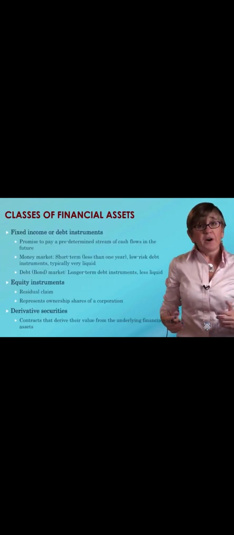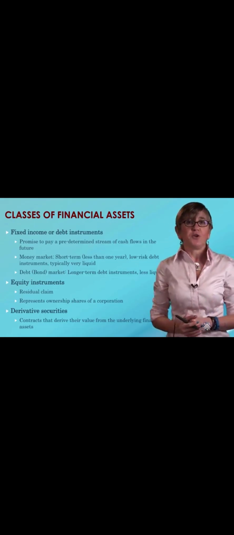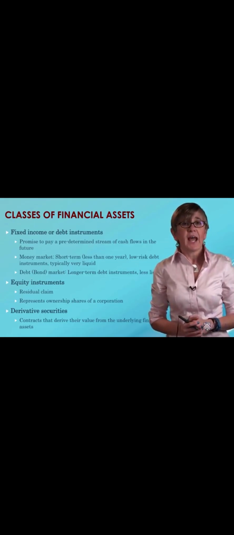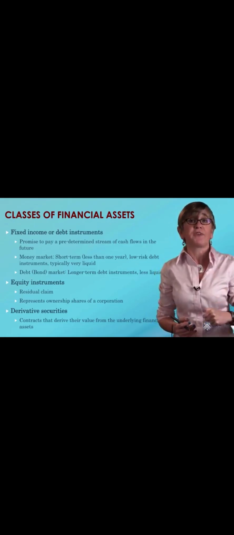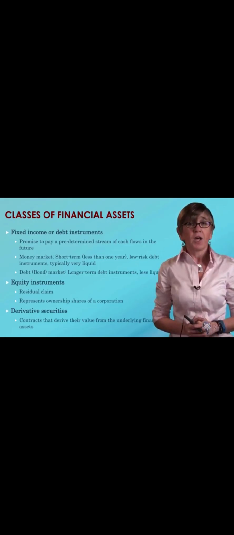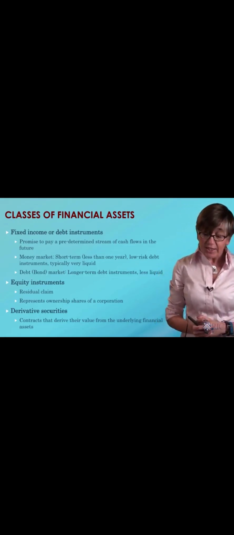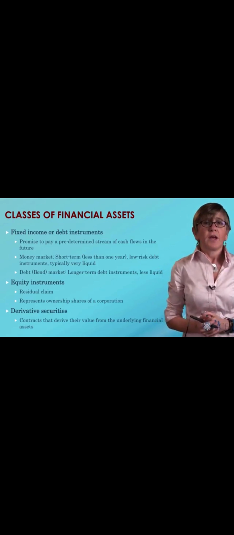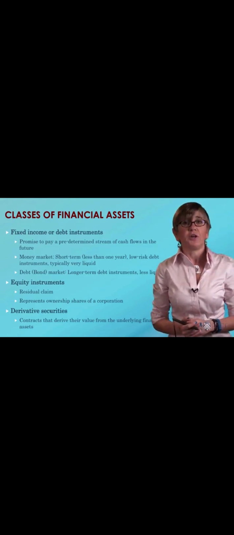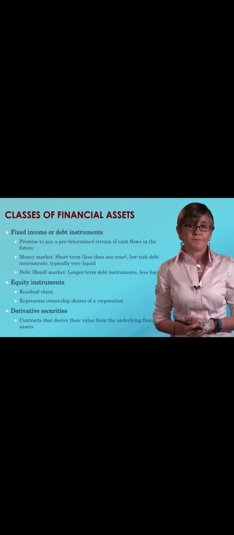So to summarize, fixed income securities are financial claims that have a predetermined stream of cash flows in the future. Those that have maturities less than 1 year are traded in the money market, and long-term fixed income securities are traded in the debt market.